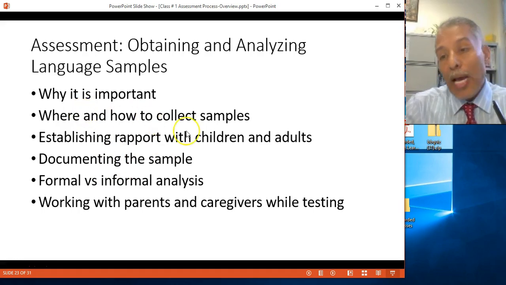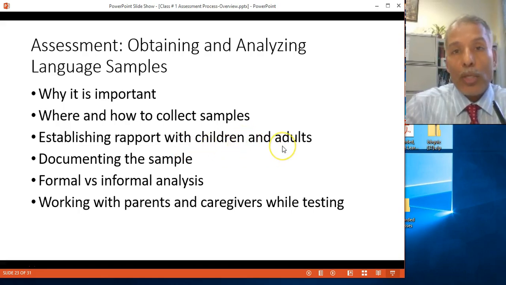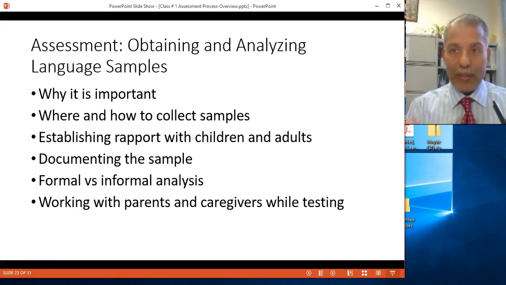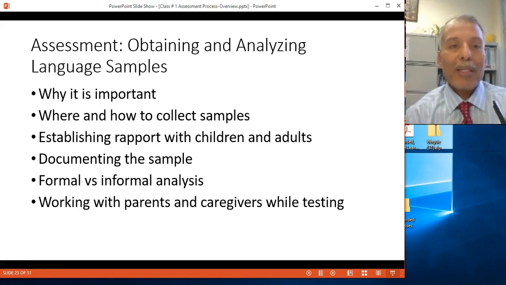Because you want your sample to be natural, you want to establish rapport with the child and with the adult. So you want them to feel like they know you, to be natural with you. Because some kids are very reserved and shy and intimidated sometimes.